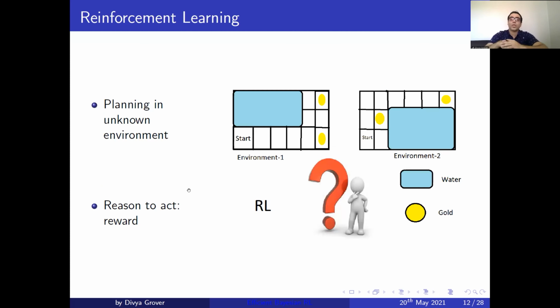Okay. So I'll give you an example of reinforcement learning. Here we have an agent that starts at the bottom left start state, at the corner. The goal is to collect the golds, and if the agent falls in the blue water, it will drown, so it cannot move. But the problem for this agent is that it doesn't know if it is in environment 1 on the left or environment 2 on the right. Let's say he is blind.